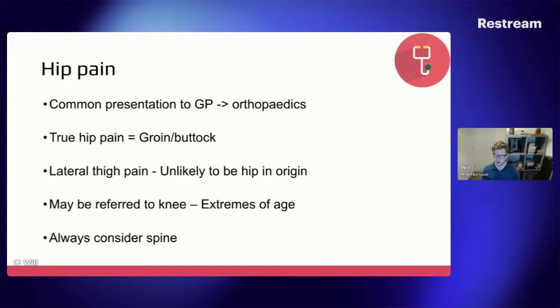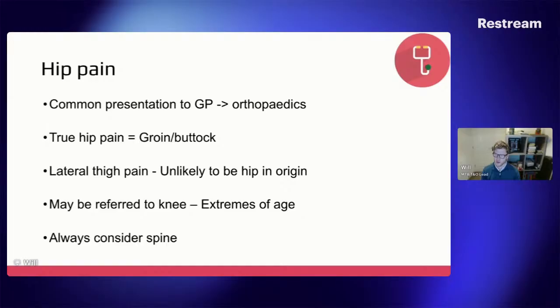True hip pain, being caused by pathology of the hip, is felt in the groin or in the buttock, round about the level of the gluteal fold. Pain in the lateral thigh is very unlikely to be true hip pain in origin. A lot of people think that's where the hip is, especially when they're feeling over the greater trochanter area. But it's very important to distinguish between true hip pain and causes of lateral thigh pain.